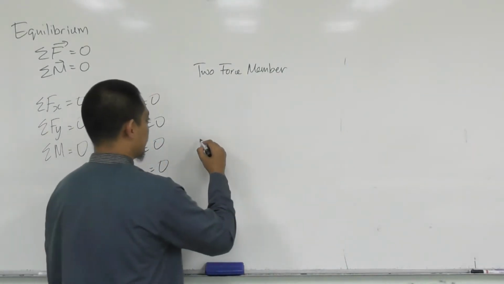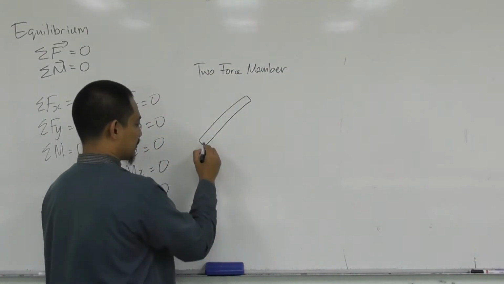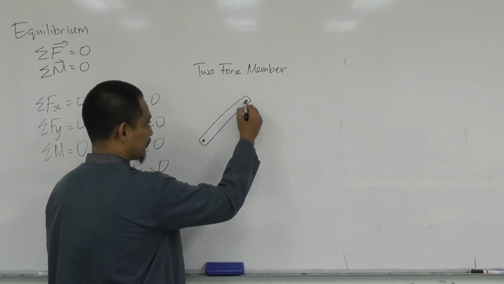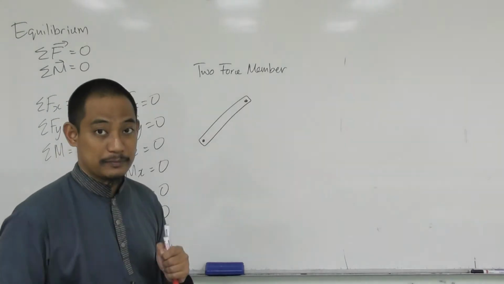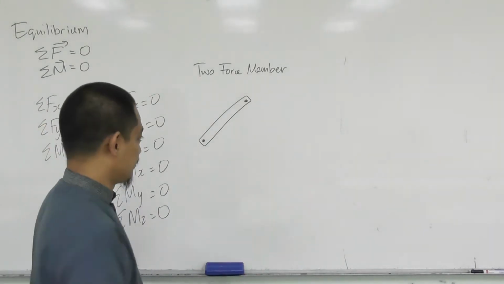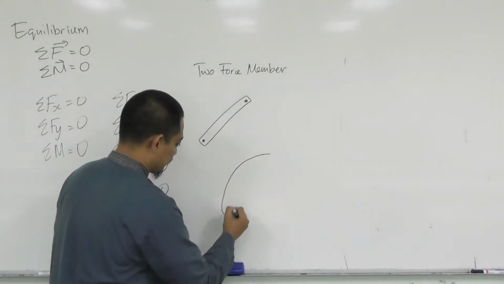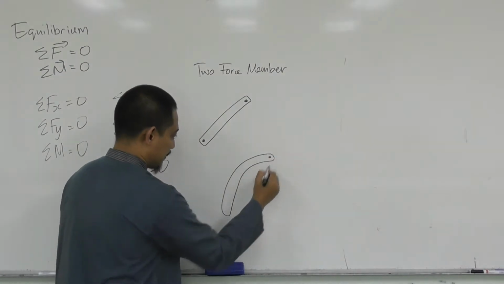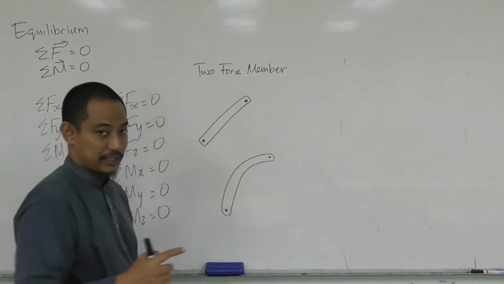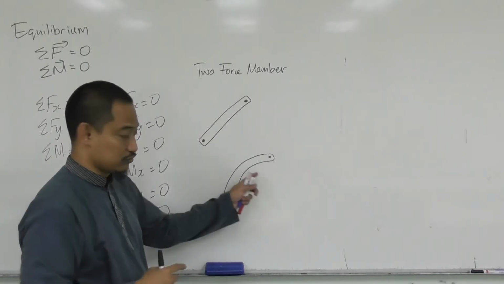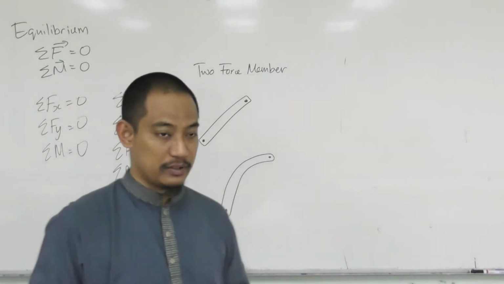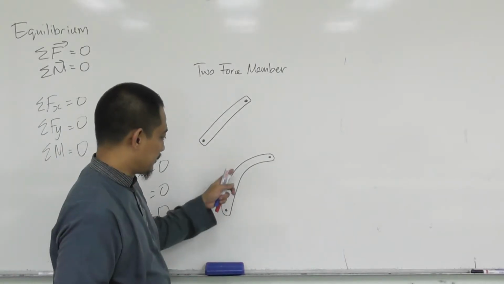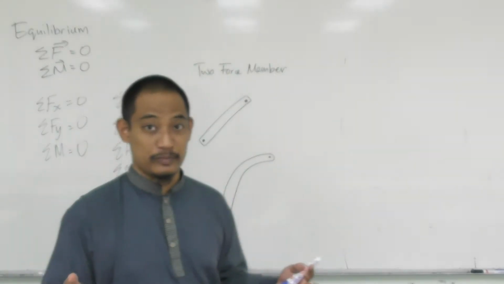So if you have some structure here where forces act only on those 2 points, this becomes a 2 force member, regardless of the shape. It can be shaped like this also, right? If you have forces acting on this particular member only at the 2 points, then it becomes a 2 force member, right? If you have 3 different points, then it becomes a 3 force member, right?